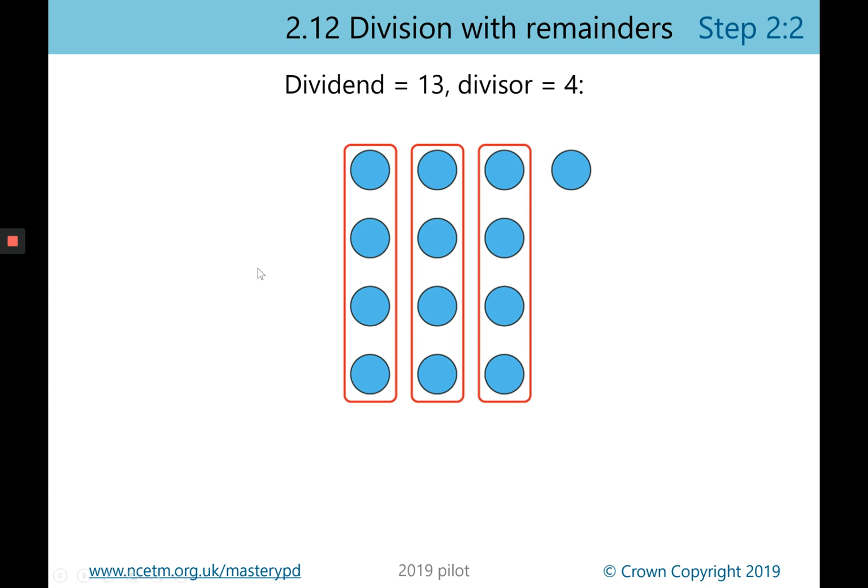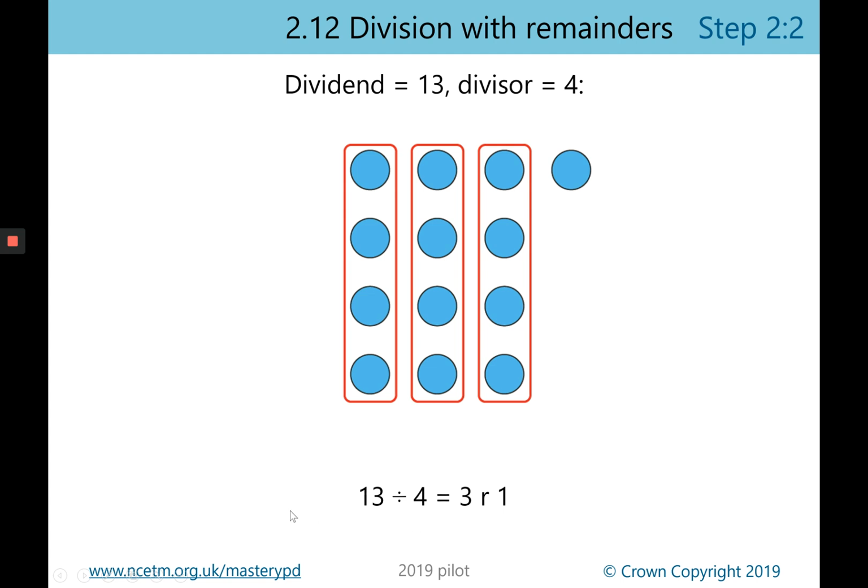So we write that like it says at the bottom here: 13 divided by 4 equals 3R1. And the R stands for remainder. So 13 divided into groups of 4 is equal to 3 with a remainder of 1.